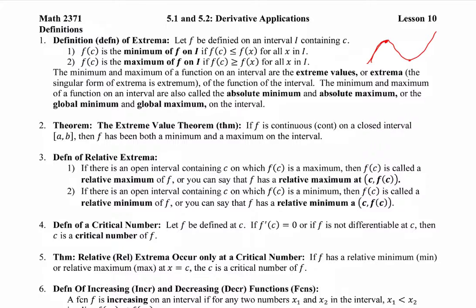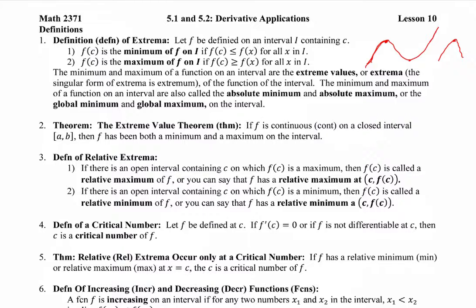They're not absolute max or mins because the function goes on and on forever in both directions. If I had a parabola, this would be considered an absolute max because it's the maximum value for all the function.